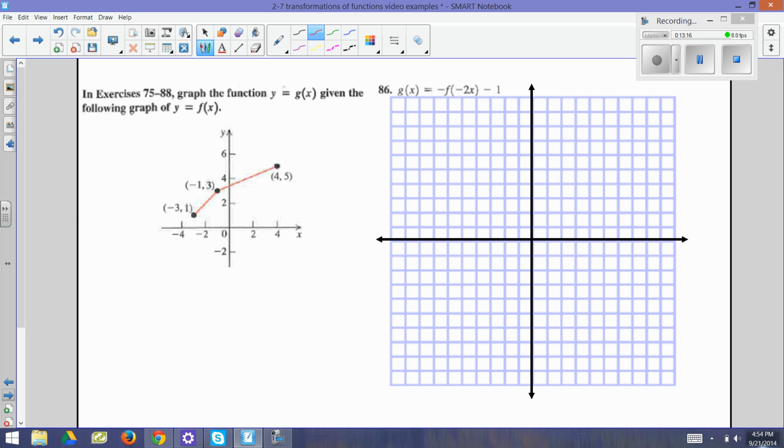Next, let's start with f of negative 2x. My x is changing signs, so this is around the y-axis.